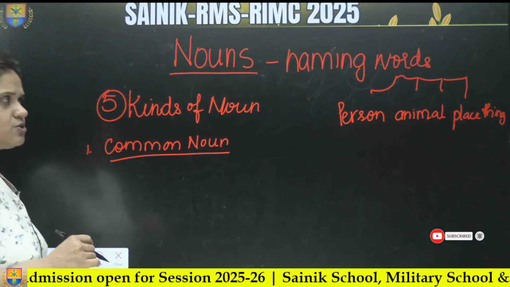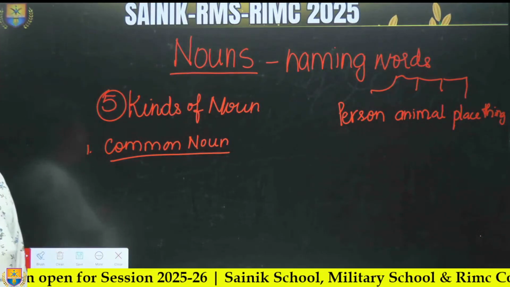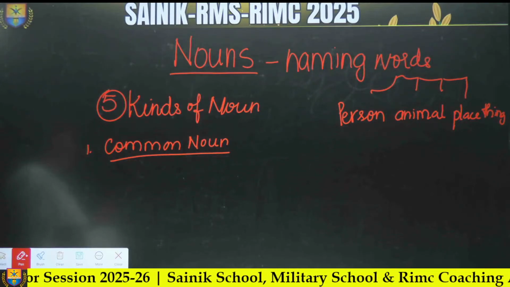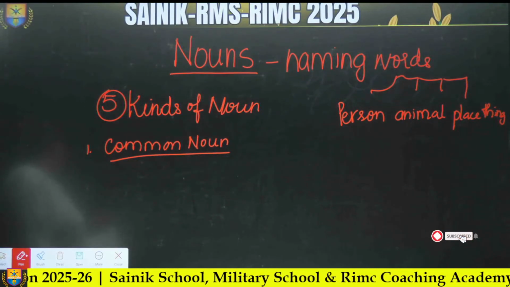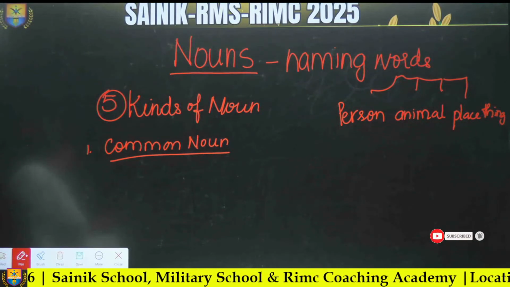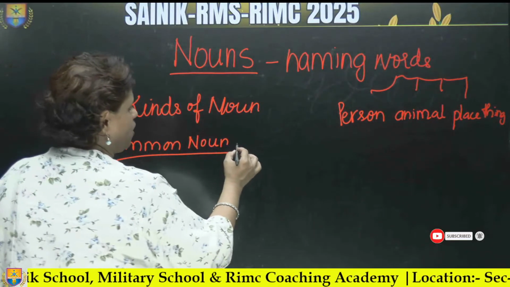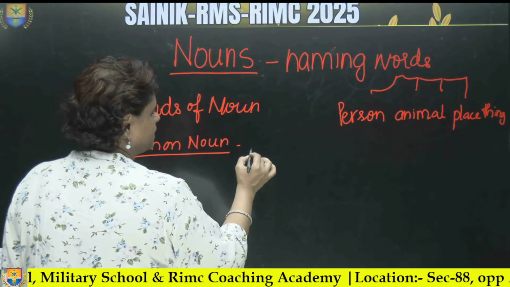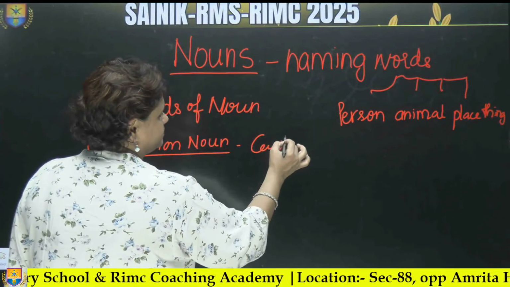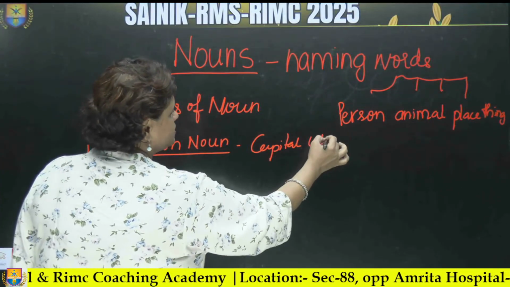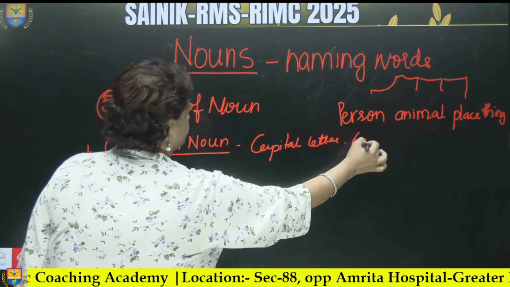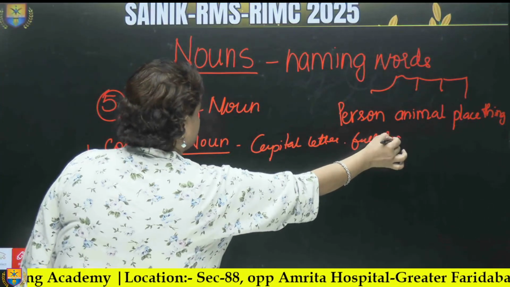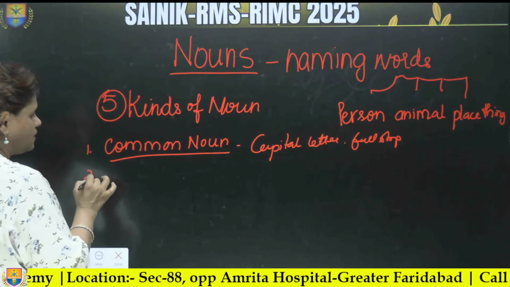When in a statement we had the person, animal, place, thing, any particular thing of the same class. And whenever we start a common noun sentence, it starts with a capital letter and ends with the full stop. So this is about your common noun.